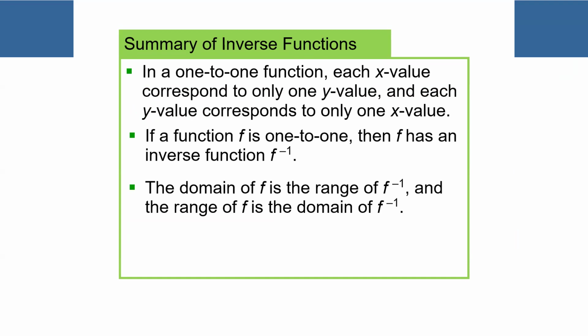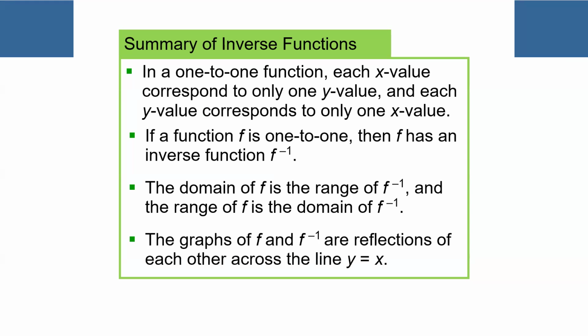The domain and range of the inverse is the opposite of the original. Does that make sense? Because if my x's and y's are switching, that means my domain and my range are switching. Yes? Okay. And then there's always going to be the reflection. So when you look at it graphically, remember it's reflecting over the y equals x line. All right, so this is our quick algebra review about inverse functions.